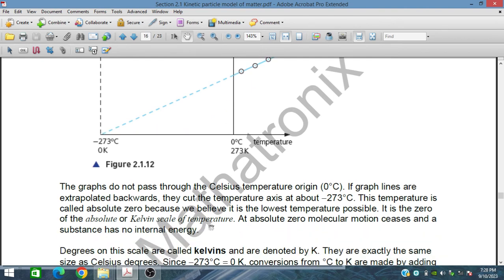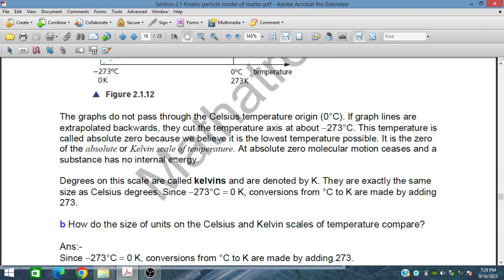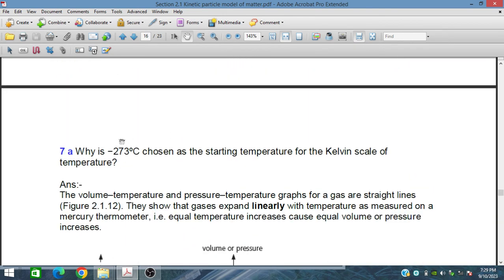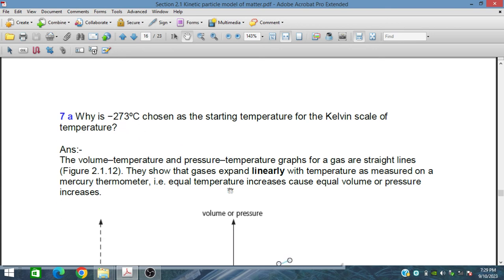At absolute zero, the molecular motion ceases and the substance has no internal energy. That's why we choose this as the starting temperature, below which nothing will happen, because this is the minimum theoretical temperature possible.